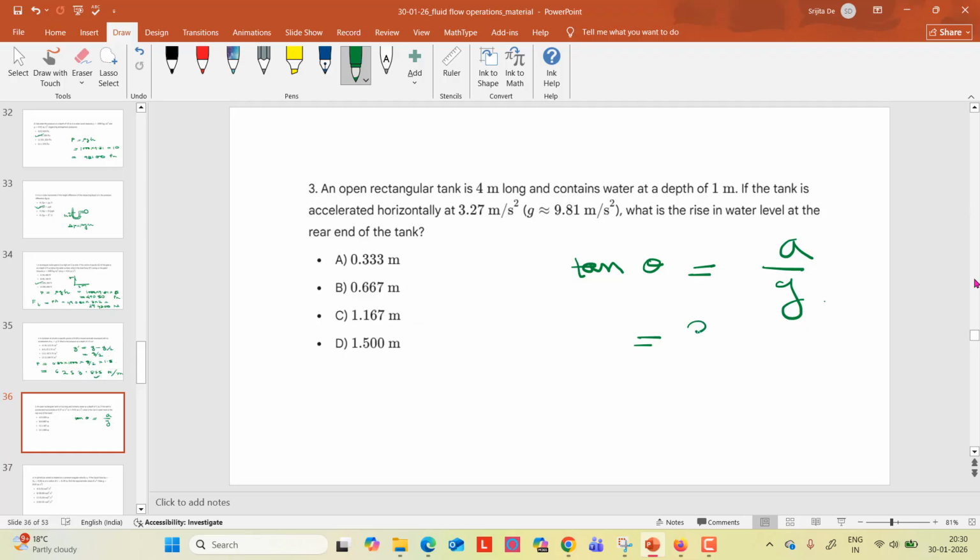So a is 3.27 by 9.81, which equals 1 by 3.